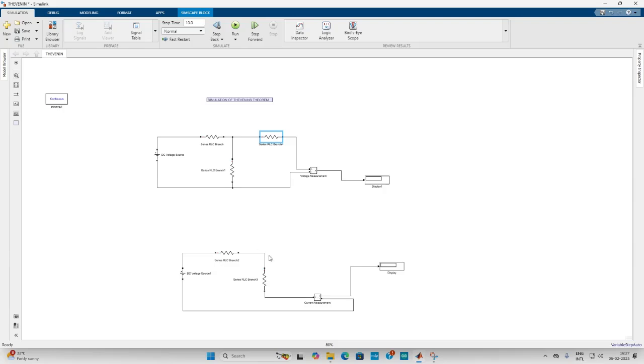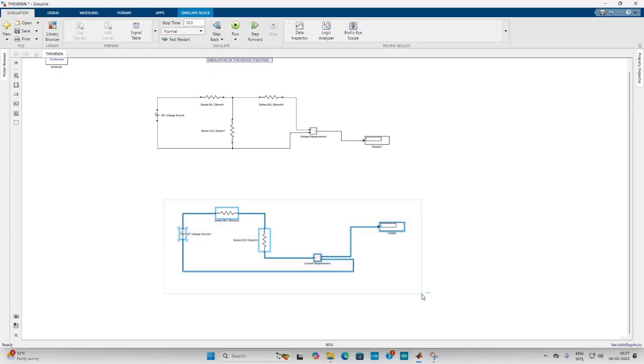Set the value as per the output. Then the current measurement can be determined by the corresponding series connection. The output of the current measurement is given to the display unit. So after completing the entire process, this is the circuit diagram to determine the load current.